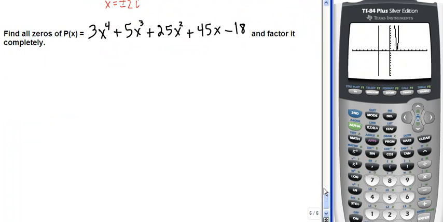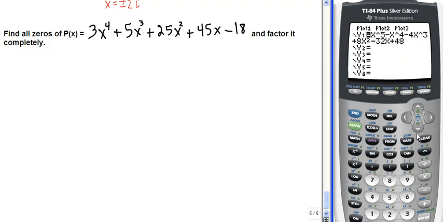Okay? Last example. So here's our 4th degree polynomial. Again, it's pretty messy and it looks fairly difficult to factor, so I'm going to jump right in with my graph and try to get a guess going on here.